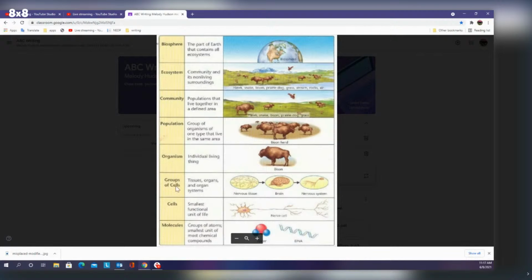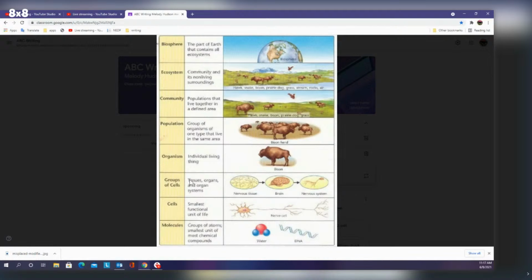Then we go to groups of cells, which form tissues, organs, and then organ systems. So, as you see here, you have the tissue, the brain, and that together forms the nervous system within our body. Notice we're going from the smallest unit to the bigger units.